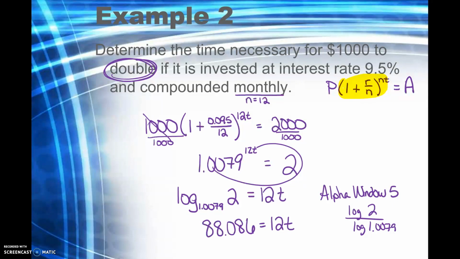What do we need to do for this last step to figure out what t is? Divide by 12. I got 7.34. 7.34 years, or 7.3 years, or however you round it.